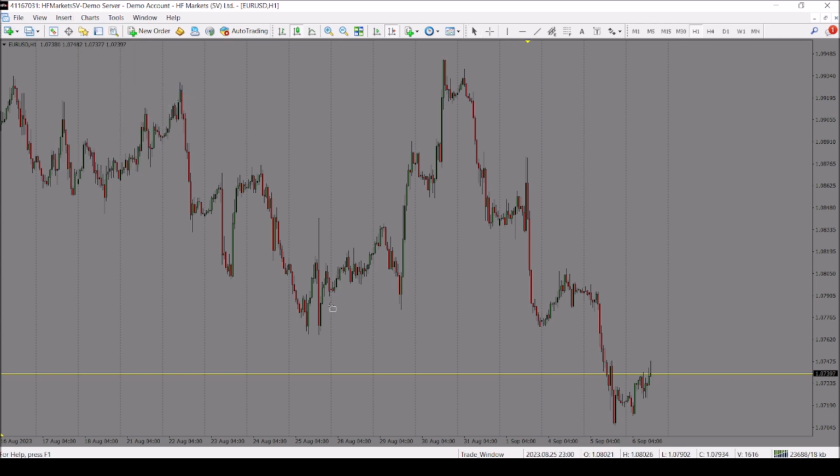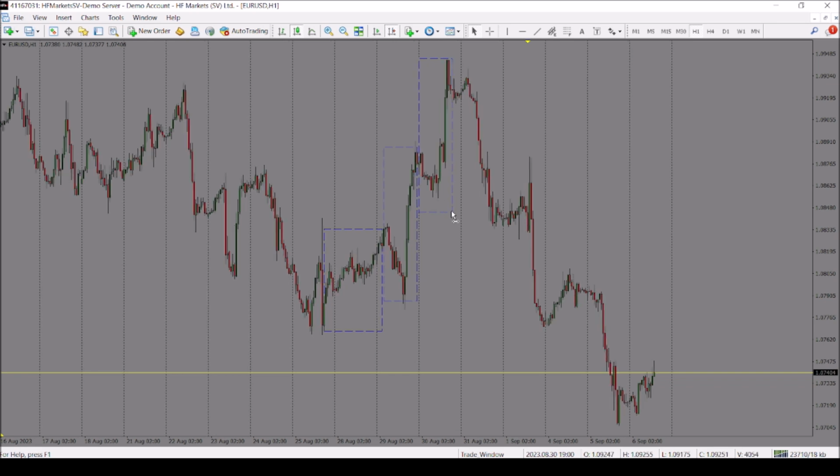We can see that we had a day that was in a unilateral direction. Then we had another day, and then we had the last day, which is day 3. When we reach day 3, we start to look for a multi-day M pattern or a multi-day W pattern, depending on market context.